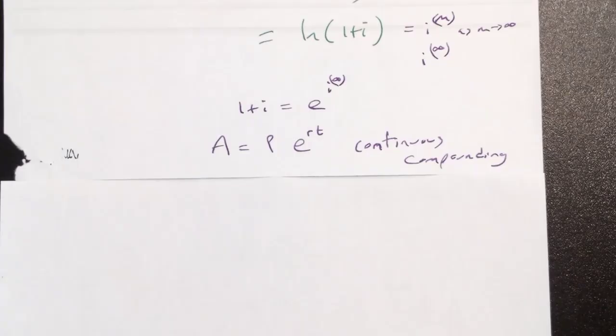1 plus i over m to the m, right? That's my total future value. So we'll use that number, we'll divide it by that number, and we'll raise it to that number.